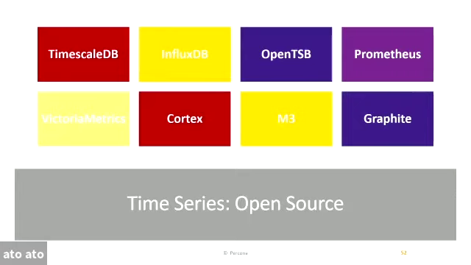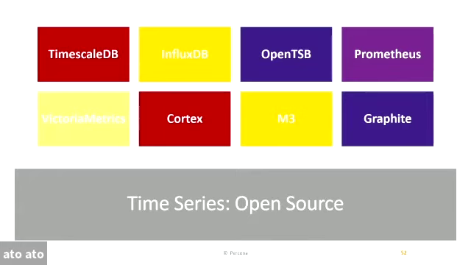So M3 came out of Uber, and is also available from Chronosphere. I think they recently raised like 200 million, so they're doing a lot of development on that. That would be an example. Cortex is another Prometheus compatible implementation, but designed for larger scale systems.